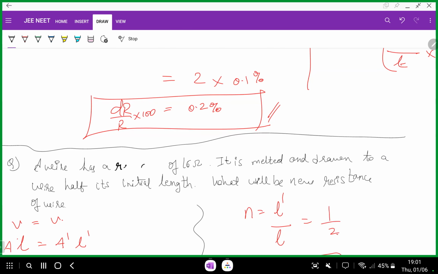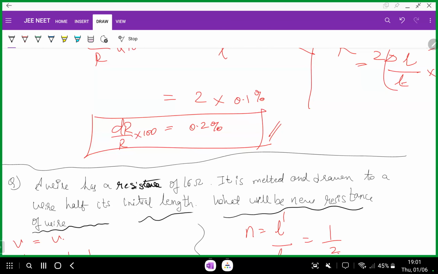What will be the new resistance of the wire? This question we have done in the 10th standard also, a similar question.